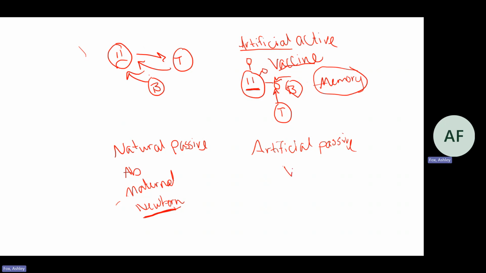The antibodies would surround the COVID virus and be able to help defend against it. So the immune system's not activated, you're just giving the antibodies that can fight the virus, because that's what antibodies are meant to do. But you're not stimulating your B cells and your T cells and all of that. So it's different.